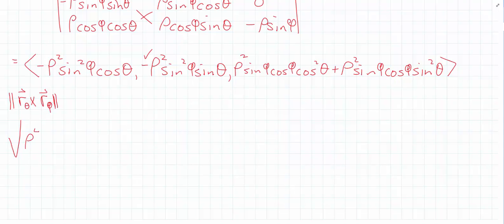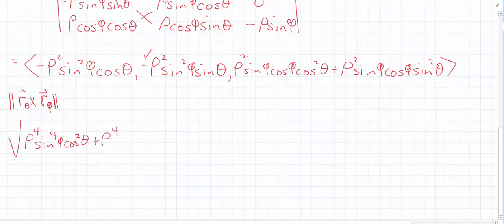This is going to be rho to the fourth sine squared phi, actually, sine to the fourth phi, cosine squared theta. That's the first term squared. Now the second one is going to be rho to the fourth sine to the fourth phi sine squared theta. Those are pretty simple because they just had one term.